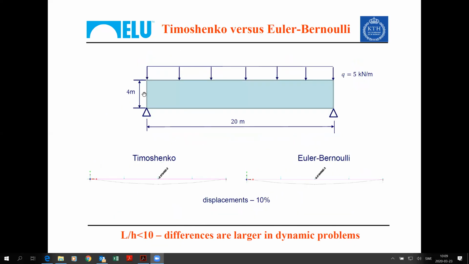So I have a Timoshenko theory telling me the displacement should be 10% higher for the Timoshenko than for the Euler-Bernoulli, and this comes from the initial assumption of no shear strains. Yes, I understand.